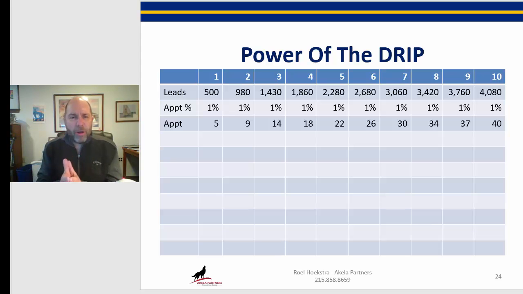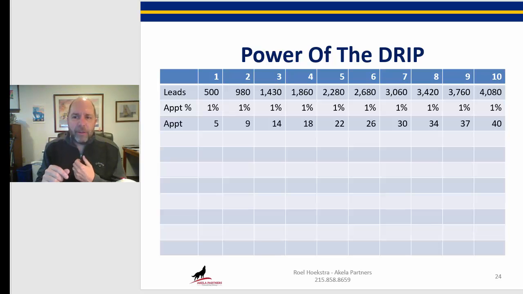So the cost of all those lead nurture campaigns is really almost nothing, other than having the content that you want to share. But I know everybody that's listening to this has content that they can share.